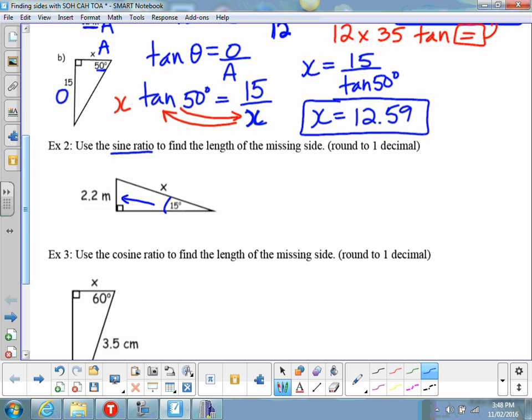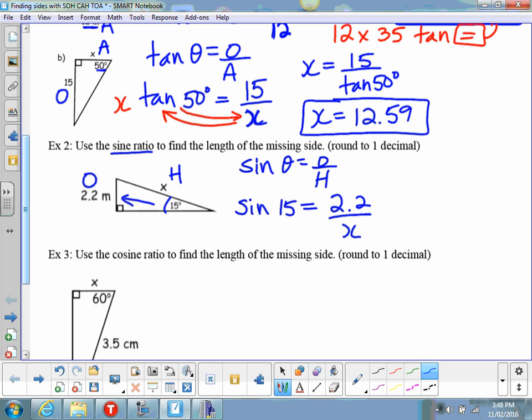So 2.2 is opposite the 15 degrees, and x is on the longest side, so that's the hypotenuse. So we are definitely using the sine ratio because it's opposite over hypotenuse. So sine theta is opposite over hypotenuse, and then we'll plug things in. Sine 15 equals opposite is 2.2, and hypotenuse is x.